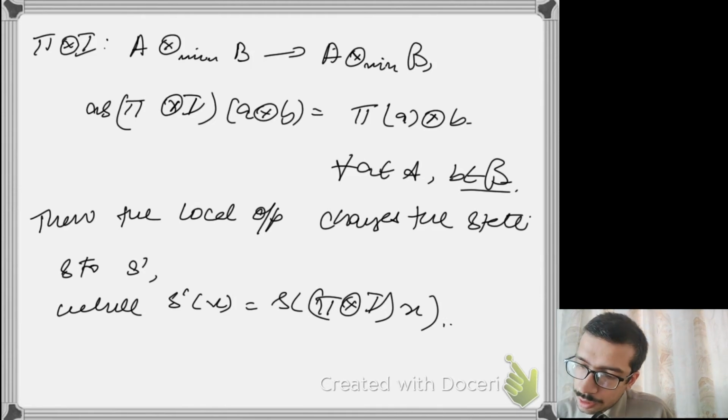Yeah, so let's define the notion of partial trace. We have seen how, if I have an operation on one register, I extend it to a compound register. Now suppose I have an overall state on A tensor min B, how can I get a state which acts only over the first register?